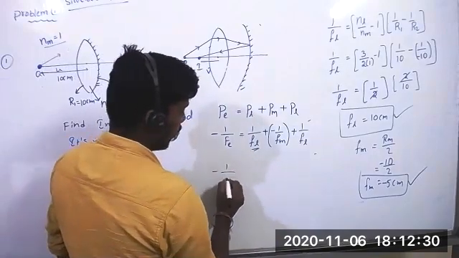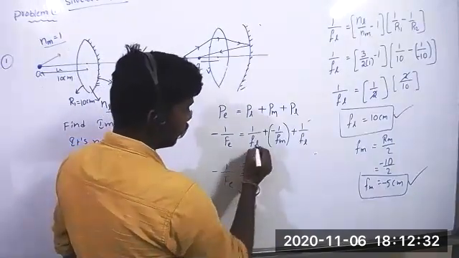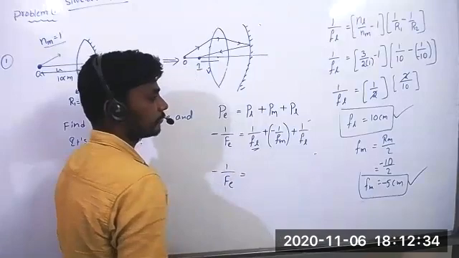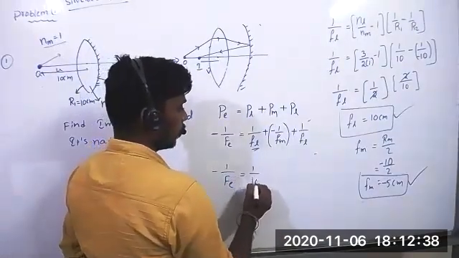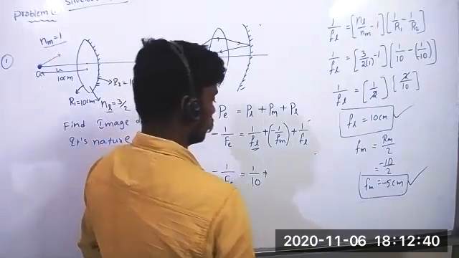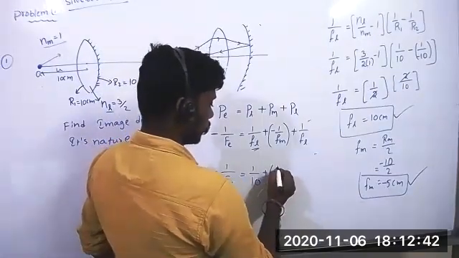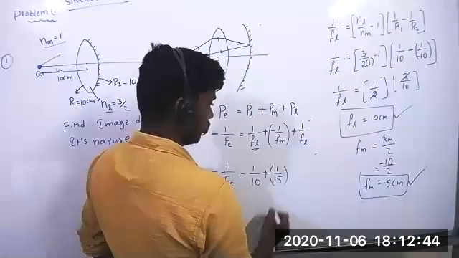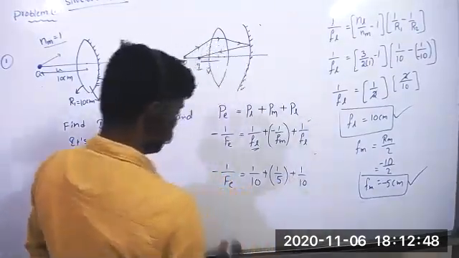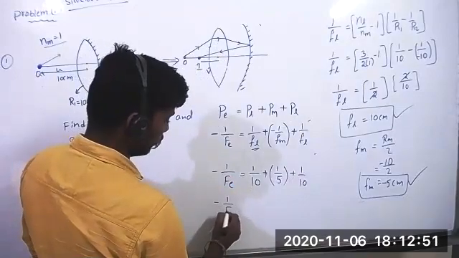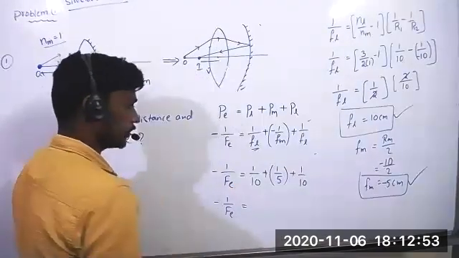Minus 1 by FE equal to 1 by FL, how much? 1 by 10. 1 by 10 plus 1 by 5. 1 by 5 plus 1 by 10. Minus 1 by FE equal to how much?